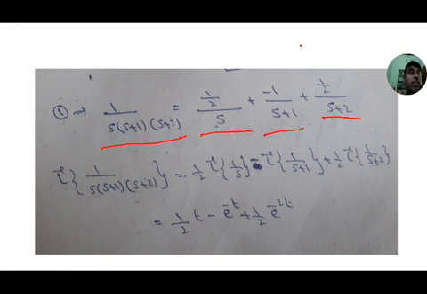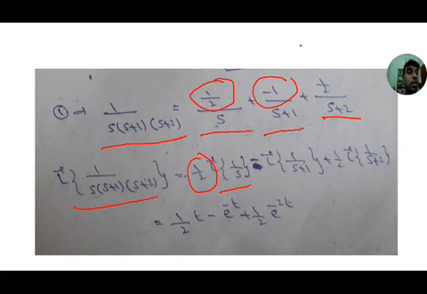So apply inverse Laplace transform. By linearity property, 1 by 2 coefficient, L inverse of 1 by s, minus L inverse of 1 by s plus 1, plus 1 by 2 coefficient outside, L inverse of 1 by s plus 2.